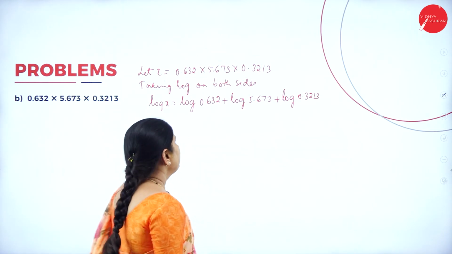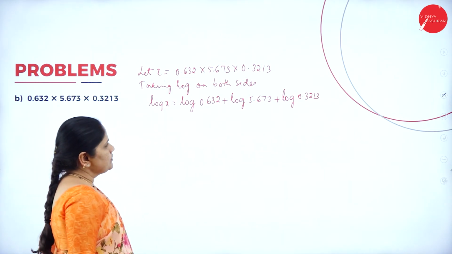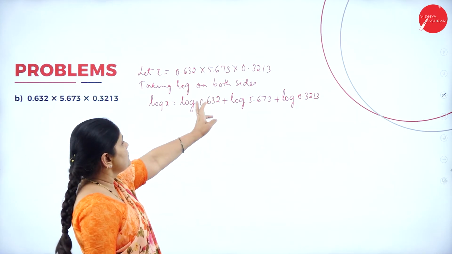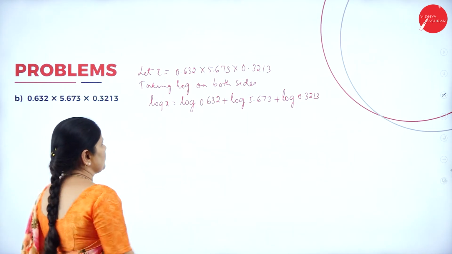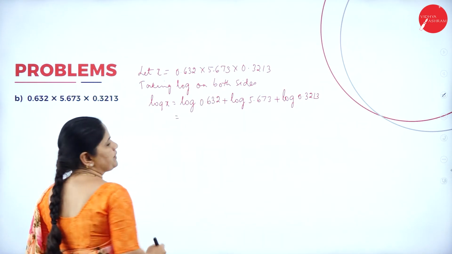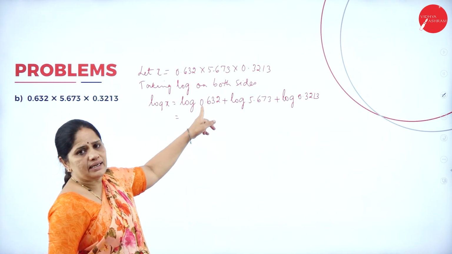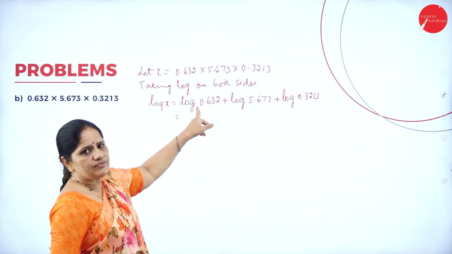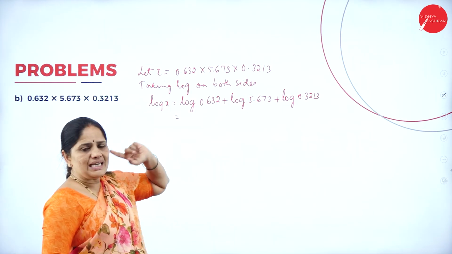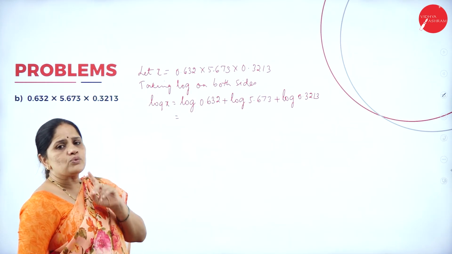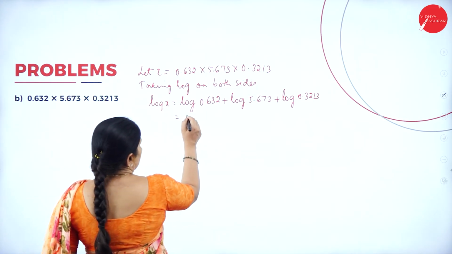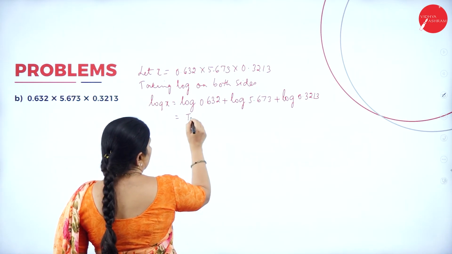Now we have to find the log values, first of 0.632. When I have to find the log value, I have to see how many digits are to the left of the decimal point. There is only 0. So 0 minus 1 is 1 bar. I write it as 1 bar.